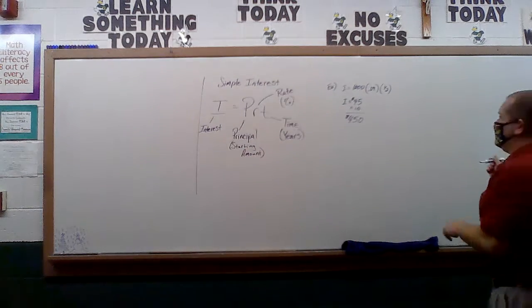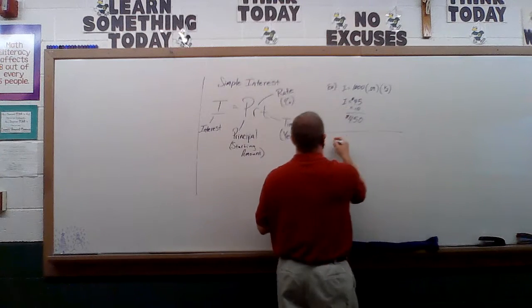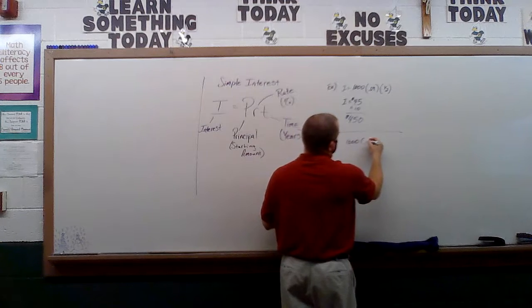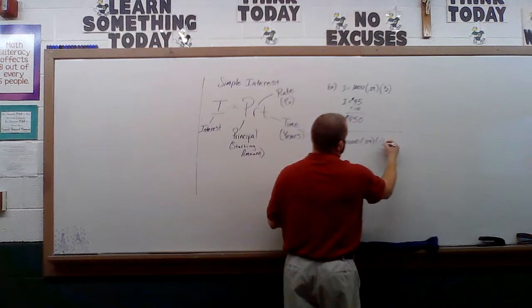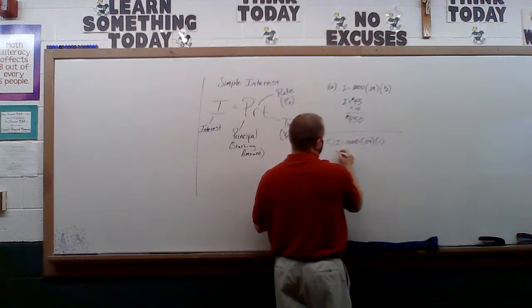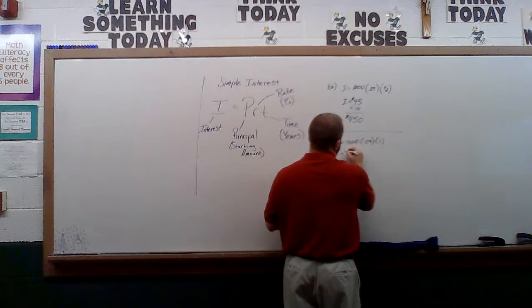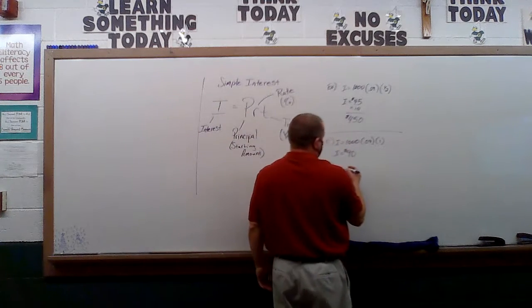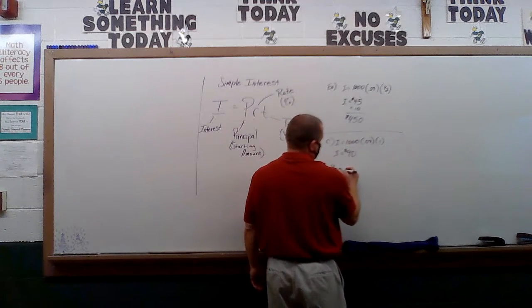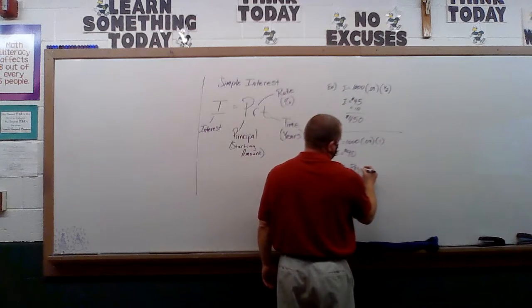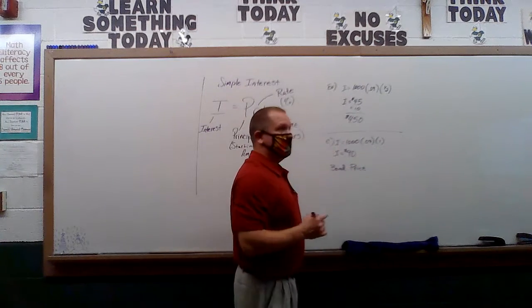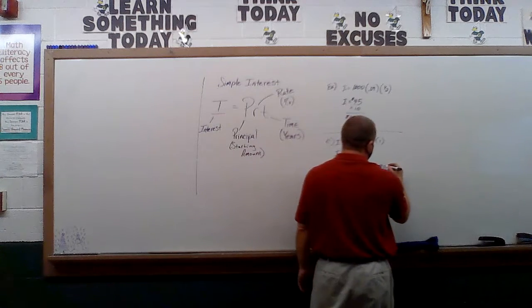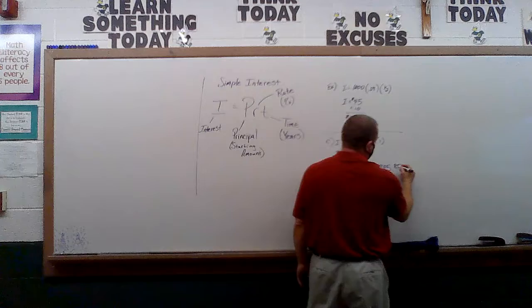So for C we would have done 1,000 times 0.09, times 1. If I do that math, I equals $90. That's how much interest I had. Then from the bond price, which we found out and corrected yesterday in our assignment, our bond price was $1,015.85.